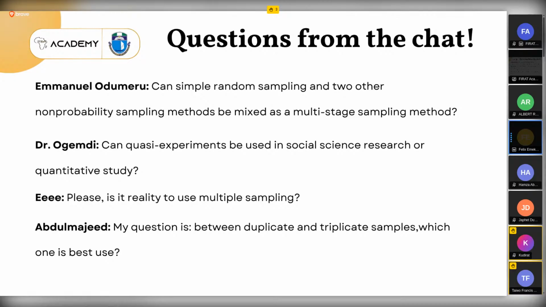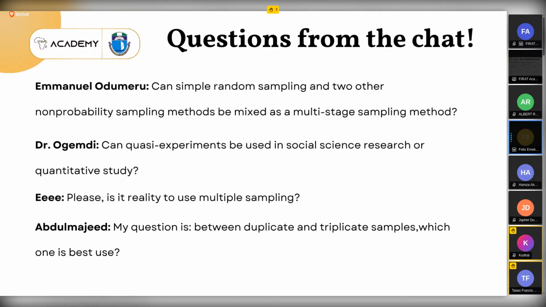First of all, you have to decide the local government first. Rivers State has several local governments. You have to first choose the local government. In each local government, you have to choose the community. In each of the communities you've chosen, you now have to choose the school where you want to pick the sample. In each school, you now have to choose the participant.